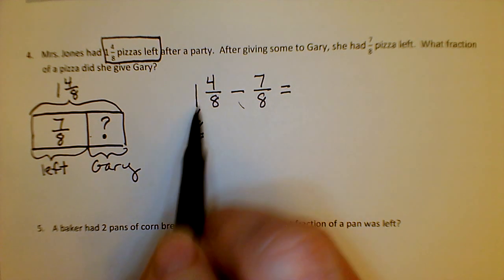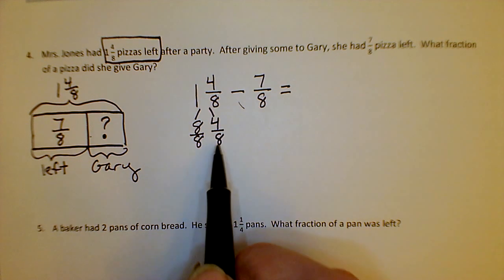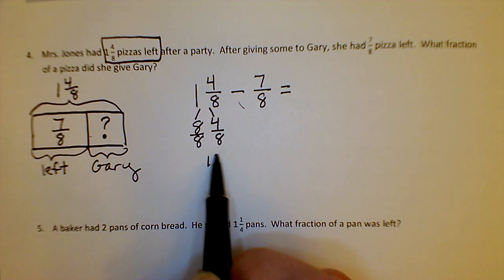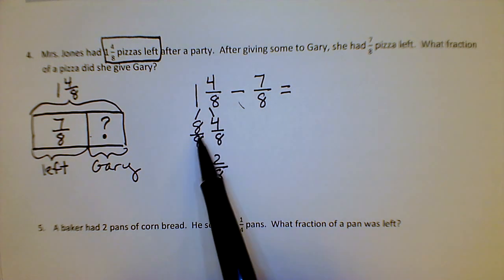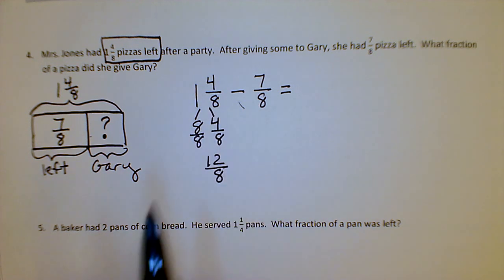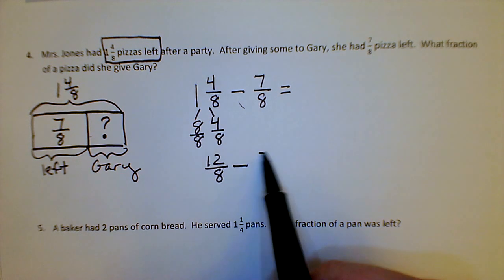So I'm going to have that 8/8, plus I still have this 4/8. If I combine those two, 8 plus 4 is 12/8. All we did was turn the 1 whole into 8/8, hold on to our 4/8, and put them all together. I'm going to model that in a second in another way. And then I'm still going to have to subtract that 7/8.